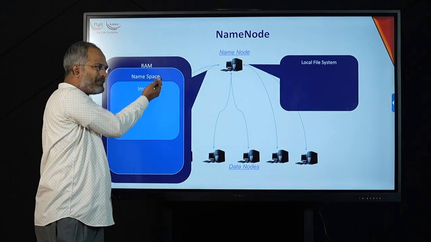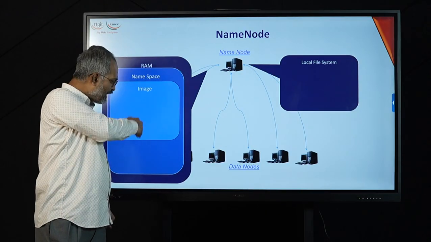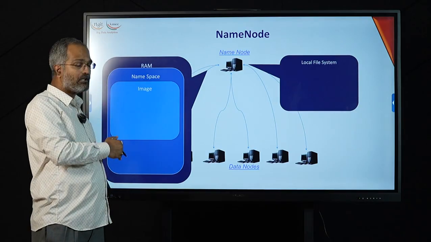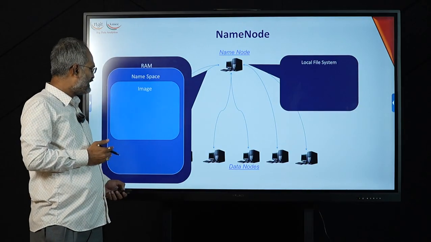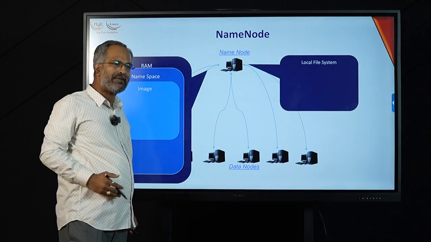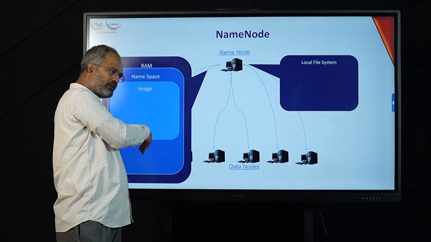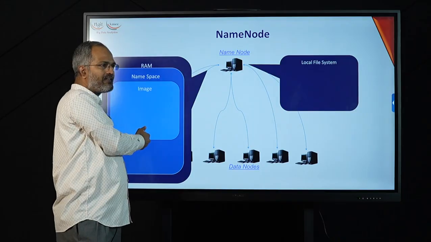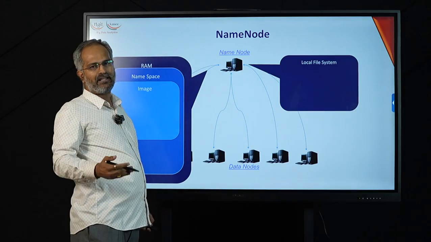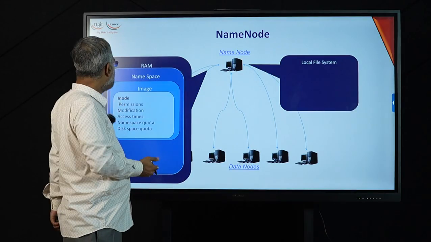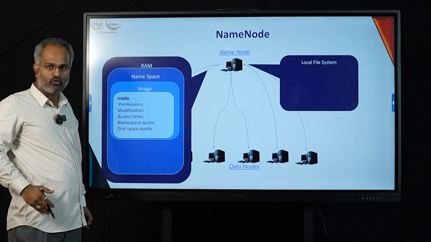So this is the image. Again, inside there is the image and also the list of blocks separately. Inside the image, the files are maintained in the form of inodes.